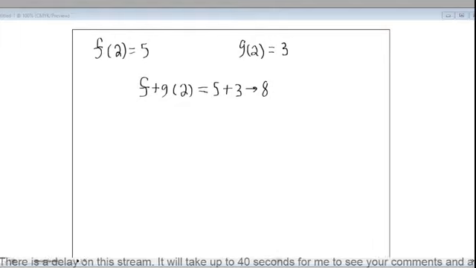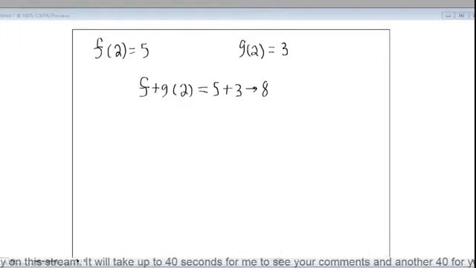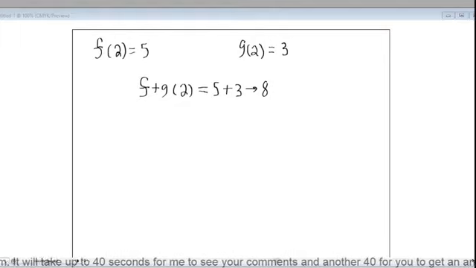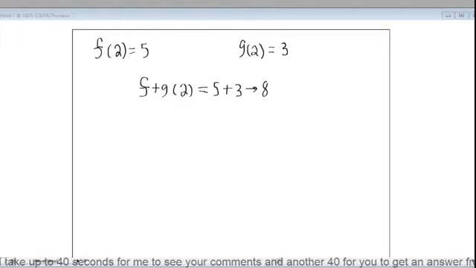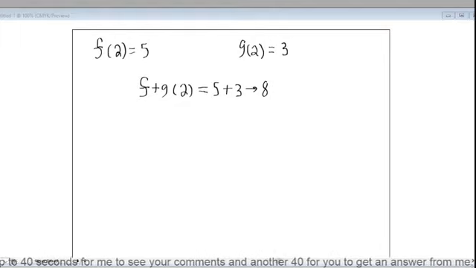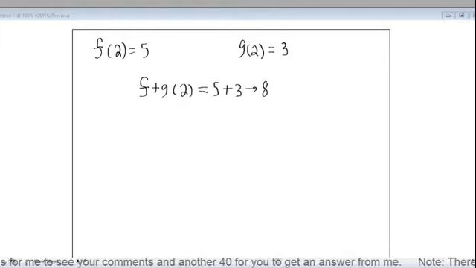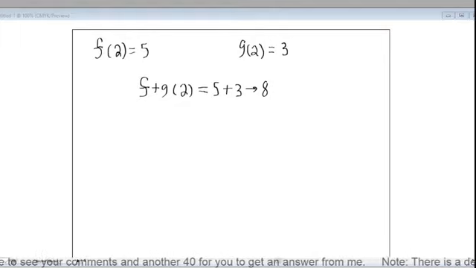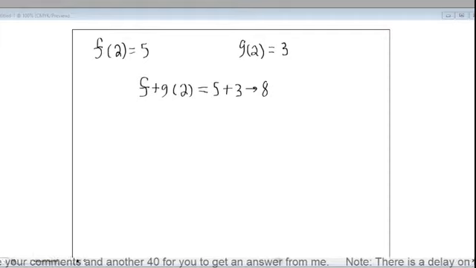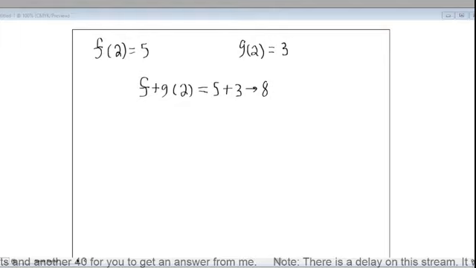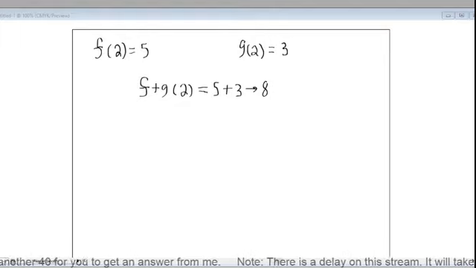Okay, so I'll just go through this one more time to explain it again. f and g are different functions. They process numbers in a different way. So we can put in the same number into both of them. We can plug in 2 into f and 2 into g, and they will give us two different numbers, 5 and 3 respectively. Now we can combine f and g using addition.